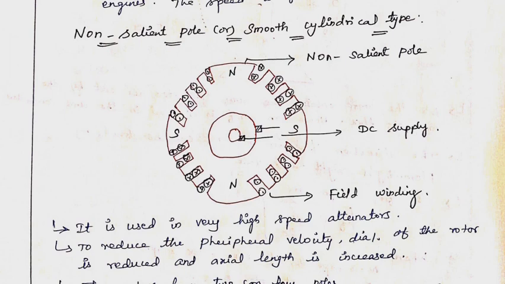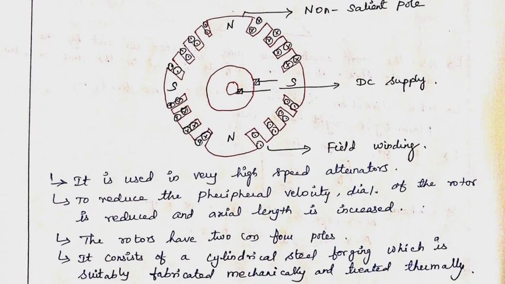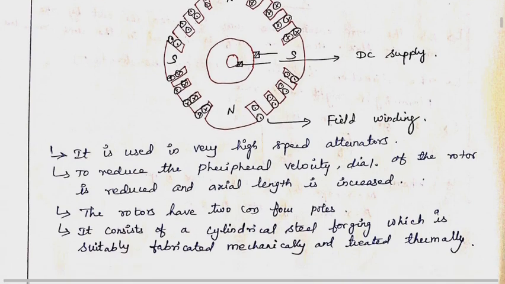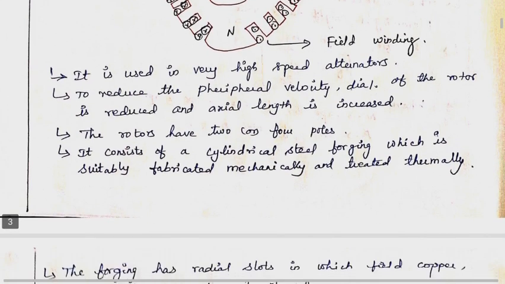It is used for very high speed applications, and it reduces the peripheral velocity and diameter of the rotor. So the diameter of the rotor is reduced and the axial length is increased, and it has 2 or 4 poles. It consists of a symmetrical steel forging, which is suitably fabricated mechanically and treated thermally.